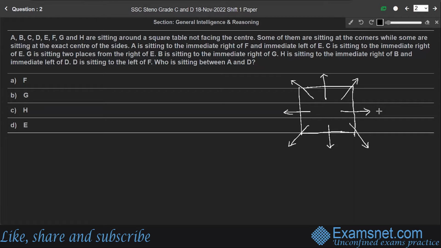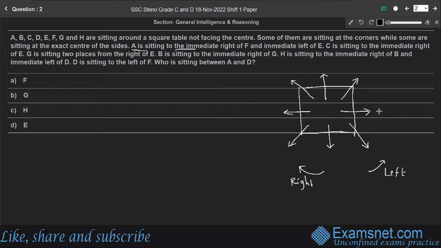So now consider the first point. A is sitting to the immediate right of F. Since all are facing outside, their right means clockwise direction, and their left means anti-clockwise direction.